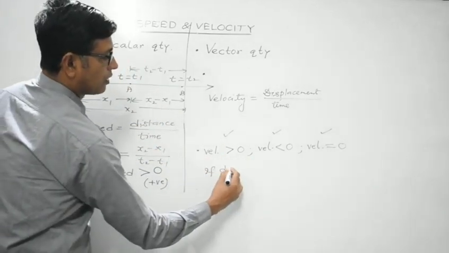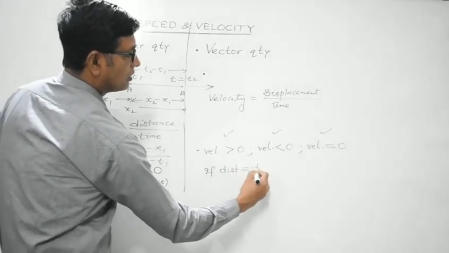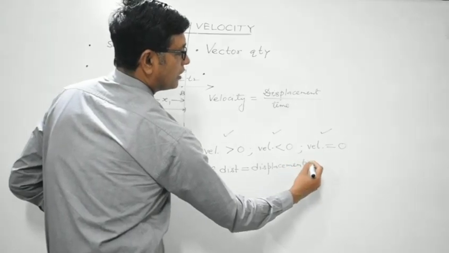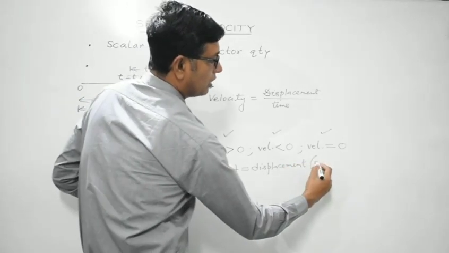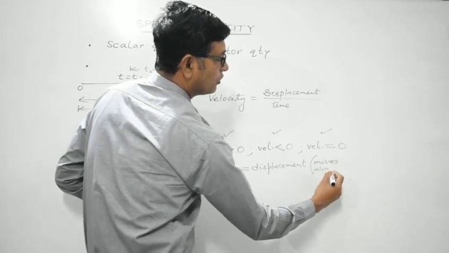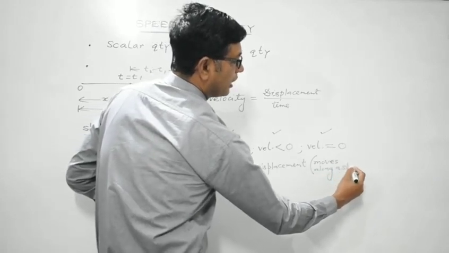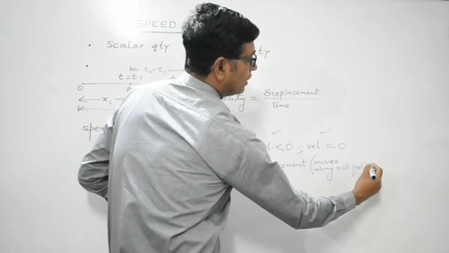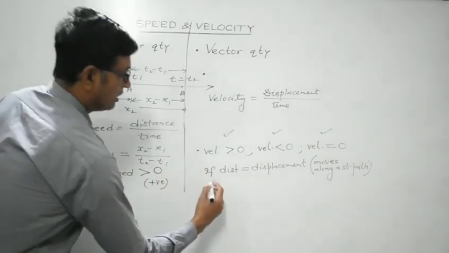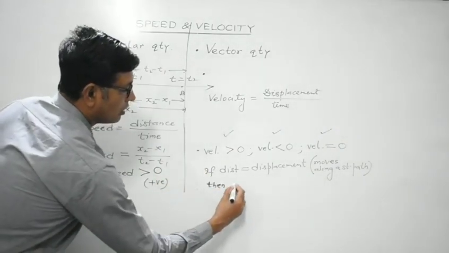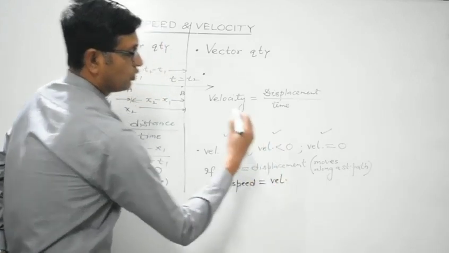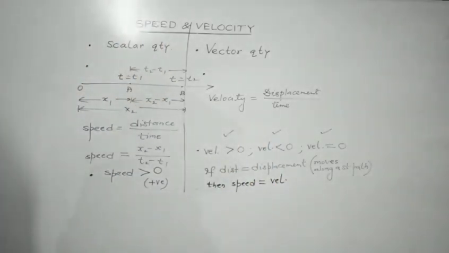If distance covered by a body is equal to its displacement, and it is possible only when the body moves along a straight path, then only the distance of the body can be equal to its displacement. Then the speed of the body would be equal to its velocity. This is a very, very important conclusion.